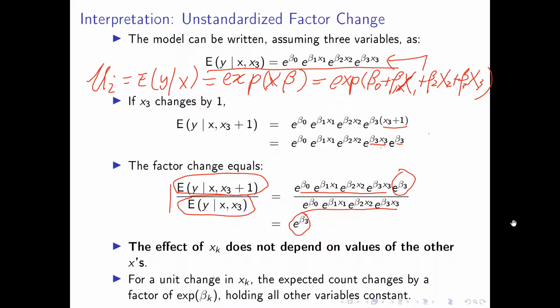So to summarize and to generalize, here we only use 3 independent variables. What if we have 10, 20, 30? That's fine, right? Here we're going to generalize the interpretation for x3 to xk. In this case, we're going to say for a unit change in xk.